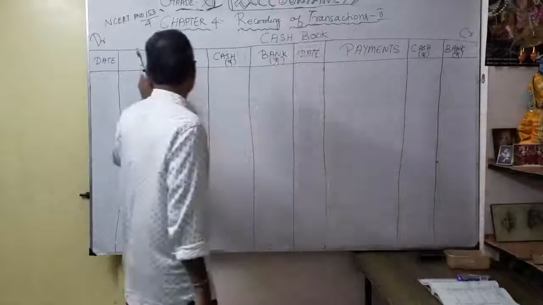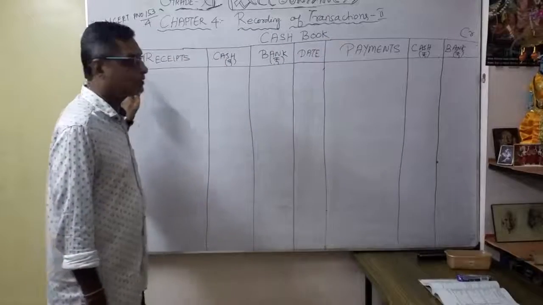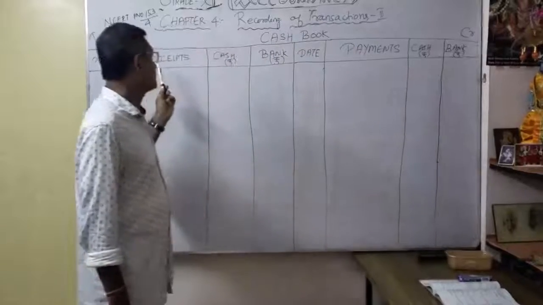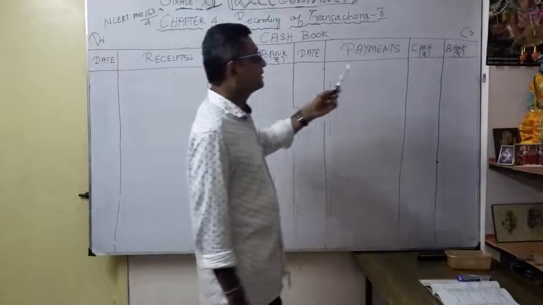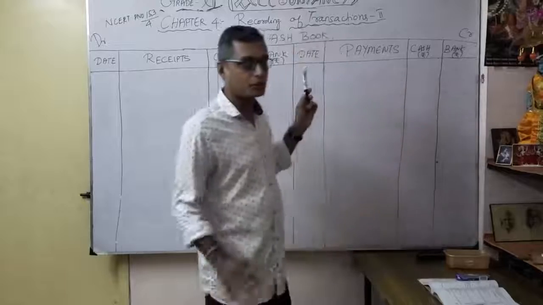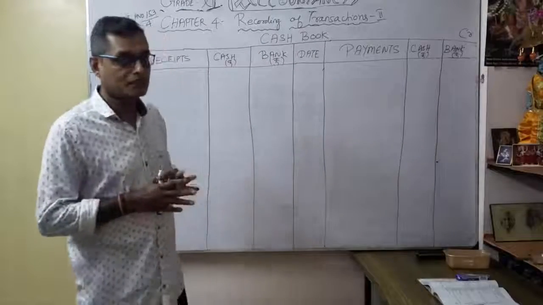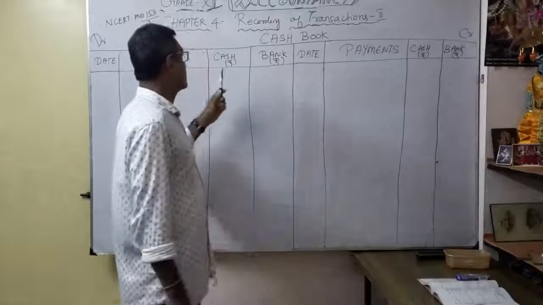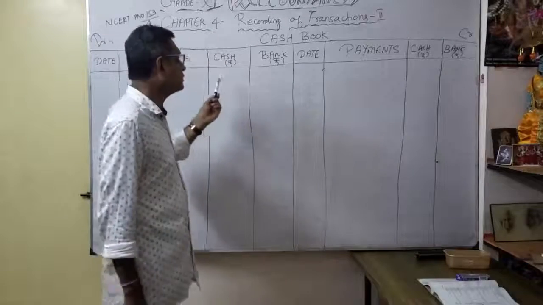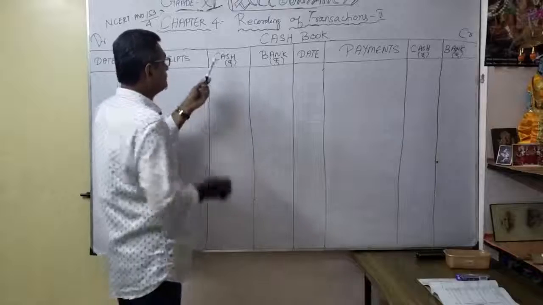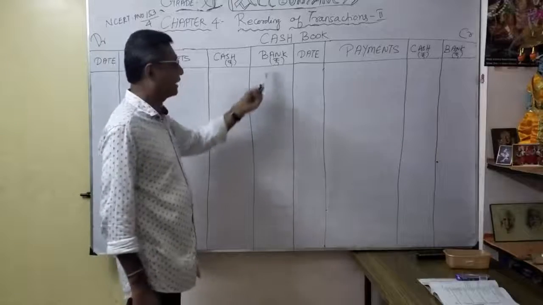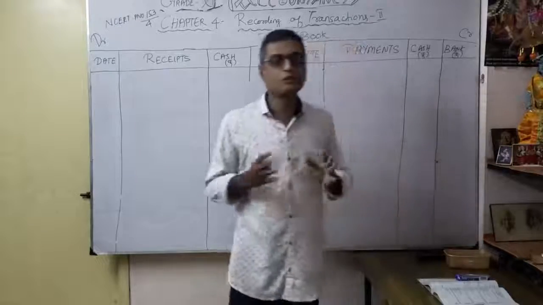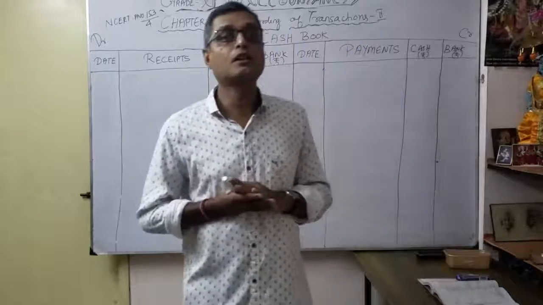The cash book is broken into two parts, the debit side and the credit side. Always the debit side consists of receipts and the credit side consists of payments. Our previous session dealt with single column cash book. Today we are going to discuss double column cash book. So first you have to draw the debit side, cash, then bank. Similarly, here as payments, cash and bank. You understood? That is why it is called double column cash book.